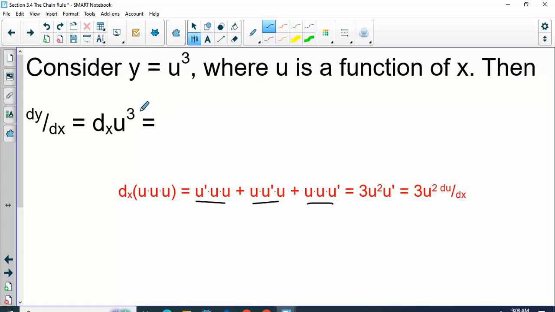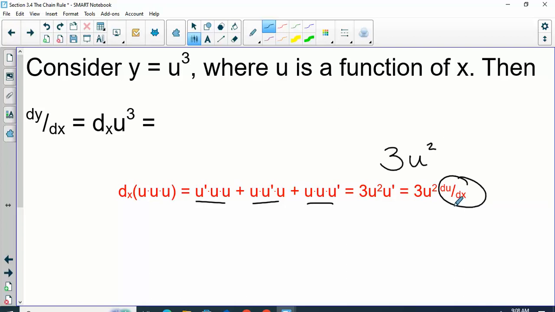Right. So it's like taking this 3, that exponent came down, got the u, you subtract 1 from the power, but then you have this extra piece, the derivative of the inside part.